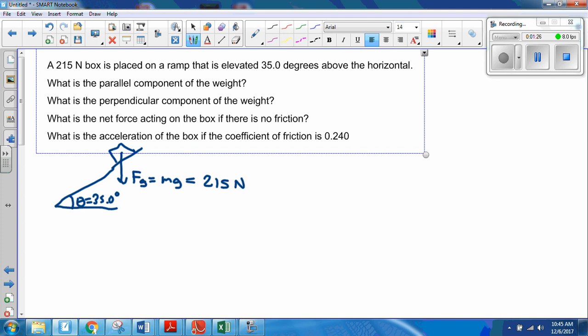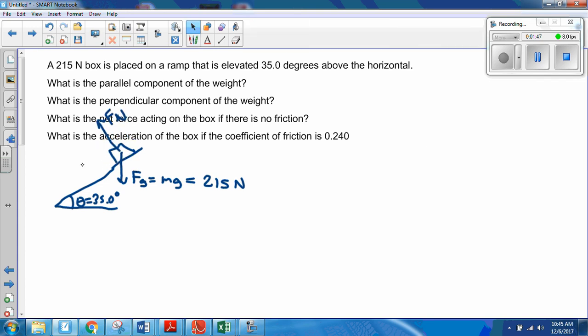Okay, now, this is not falling directly through the ramp, correct? No, it's not. Good. So that means that there is some sort of force perpendicular to the ramp called the Fn, or normal force.